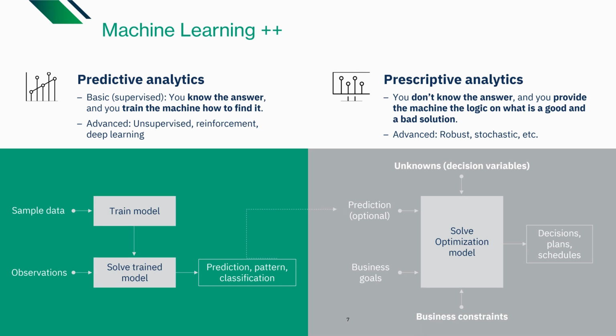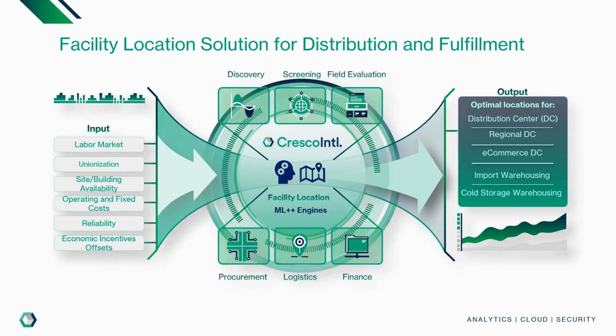This powerful combination of mathematical optimization, enforcing hard business constraints, along with predictive machine learning models anticipating future realities, and prescriptive machine learning guiding us toward optimal solutions, is what we call machine learning plus plus. It delivers superior facility location recommendations compared to the traditional approaches.